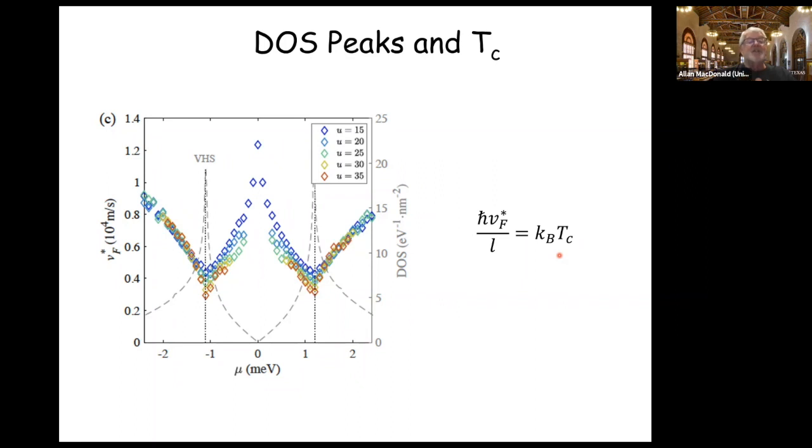This is showing a calculation with a model of the band structure that might not be right. You always see that property if you put in by hand some phenomenological pairing interaction, but it's not seen in experiment.